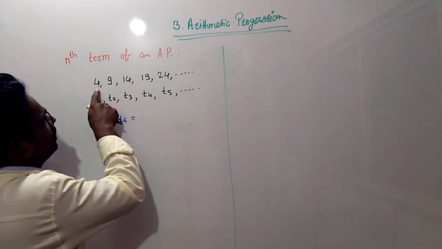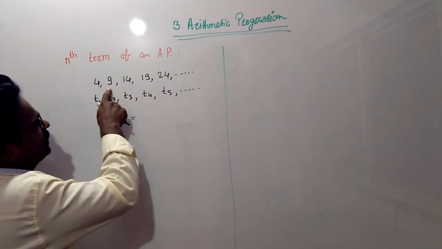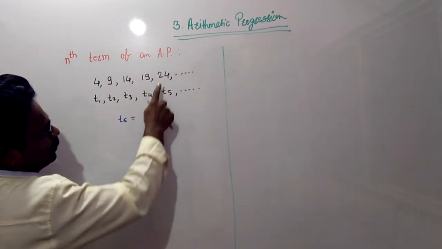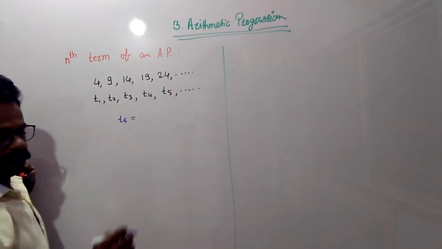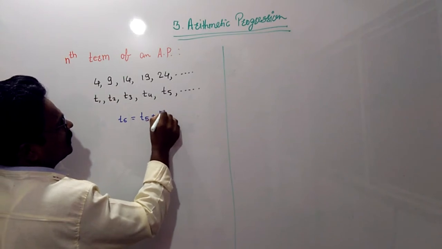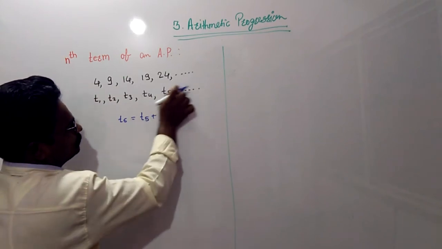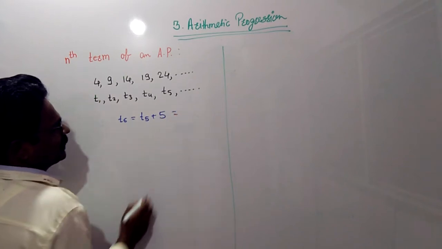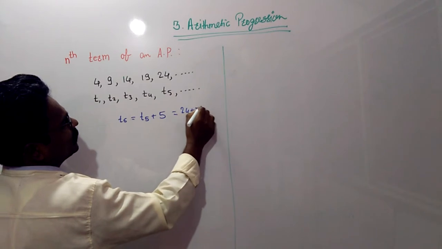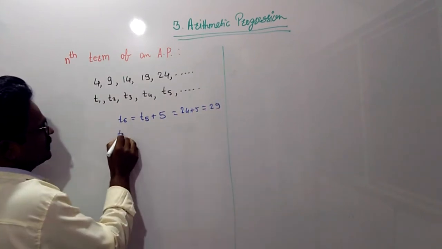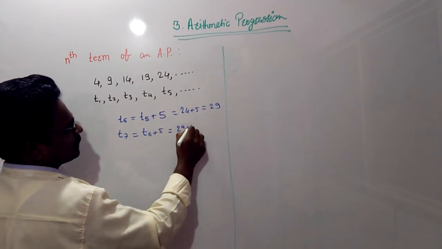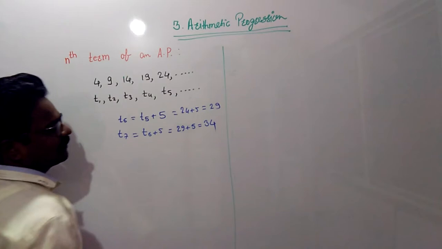So here to get 9 we added just 5 to the 4. 4 plus 5 is 9, 9 plus 5 is 14, 14 plus 5 is 19, 19 plus 5 is 24, 24 plus 5. So T5 plus 5 will be there. Okay, fine. So T6 is T5 plus 5, which is 29. Now T7 is equal to T6 plus 5, which is equal to 29 plus 5, which is equal to 34.